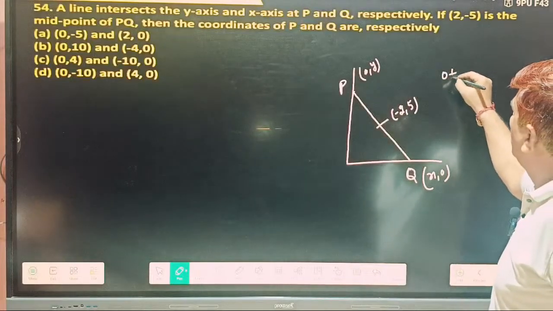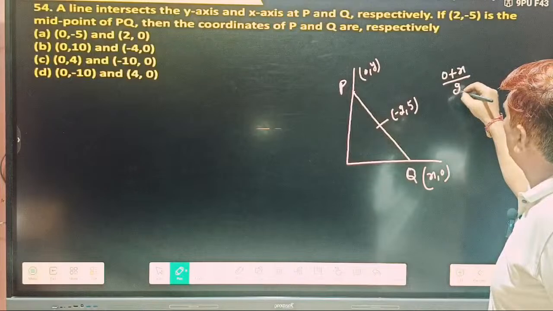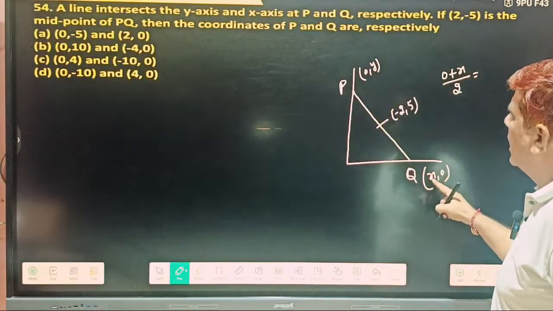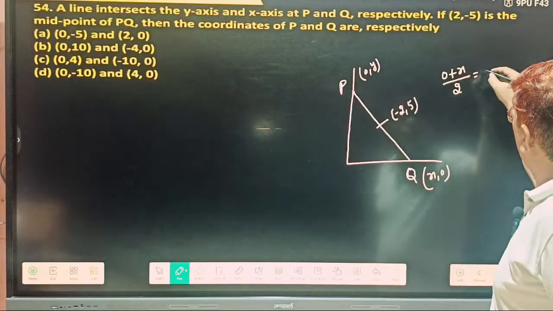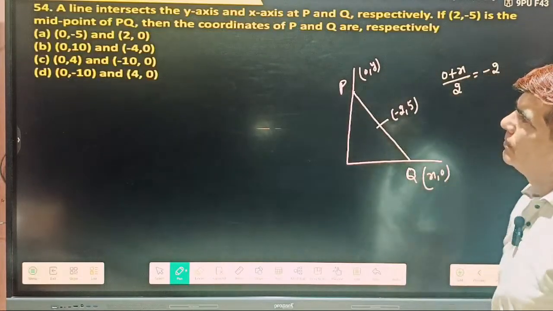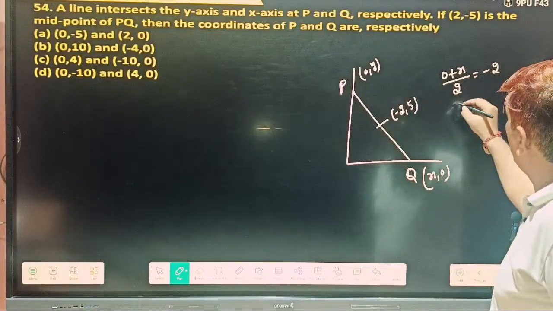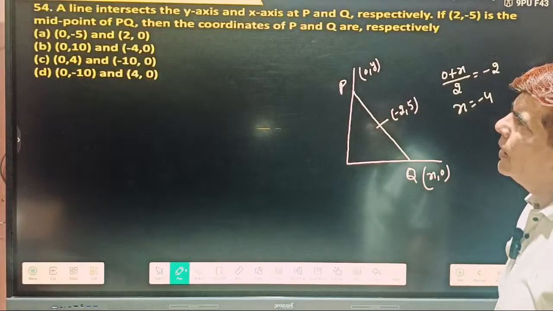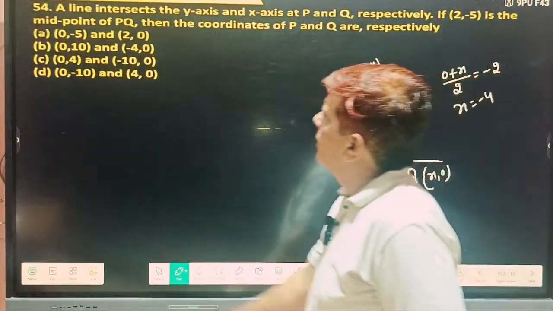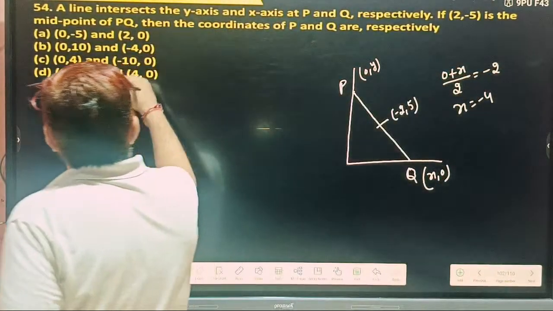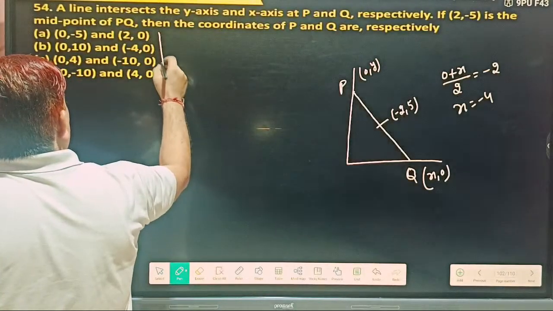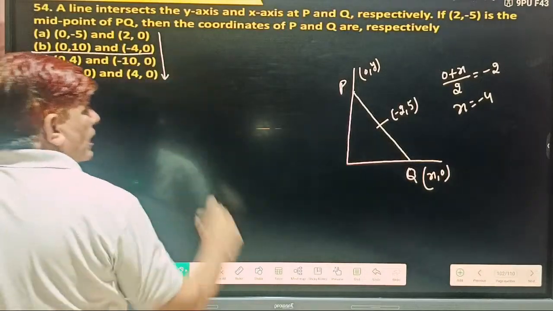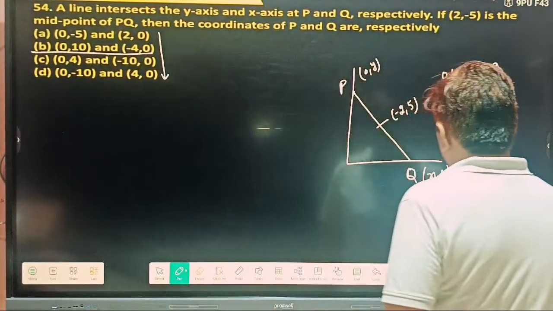0 plus X by 2 equal to minus 2. So X equal to minus 4. Where is this? So what are the coordinates of this point?